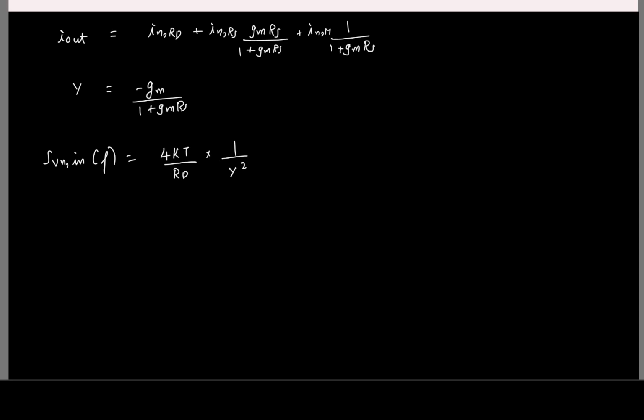Okay. Due to RS, it's 4 kT by RS into this term whole square divided by this square. Yeah, so what happens? I have this square divided by this guy, so I'll just have RS. Okay.